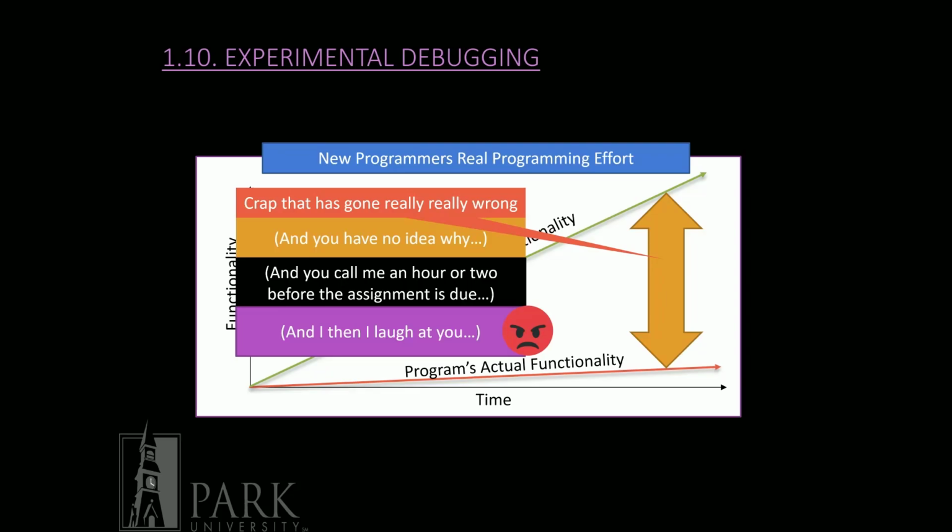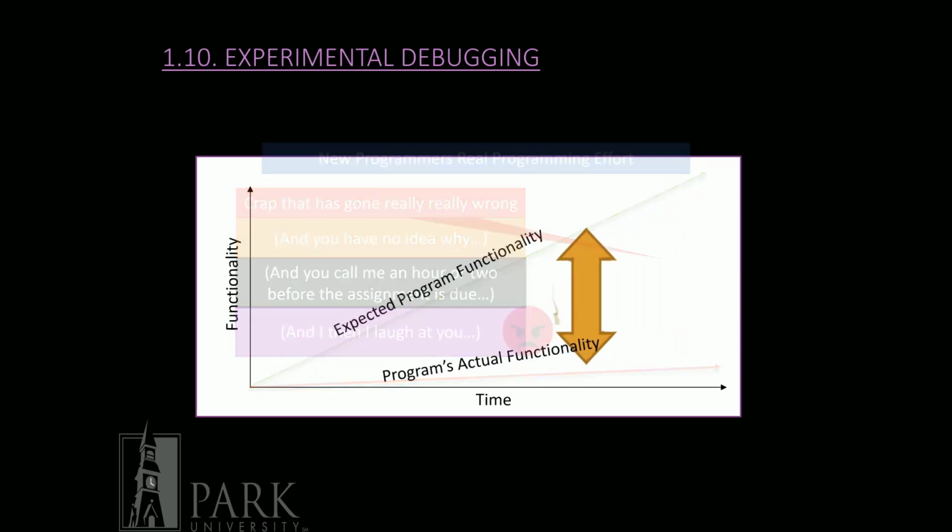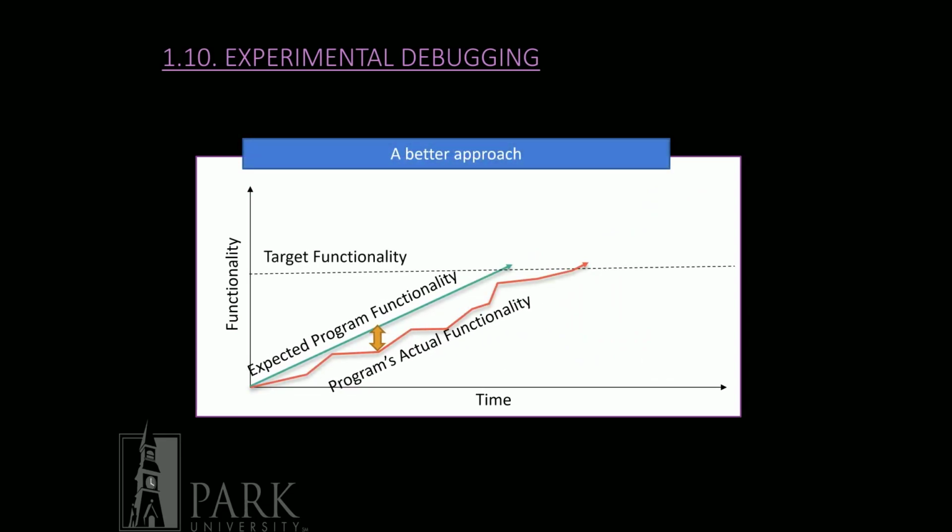So a better approach, and what I've been advocating all along here, is that you make a small change and fix it. Make a small change and then fix it. And so you're going to get more of this kind of stair-step graph where you are bringing what's expected back up into line to where your program should be as you go along.